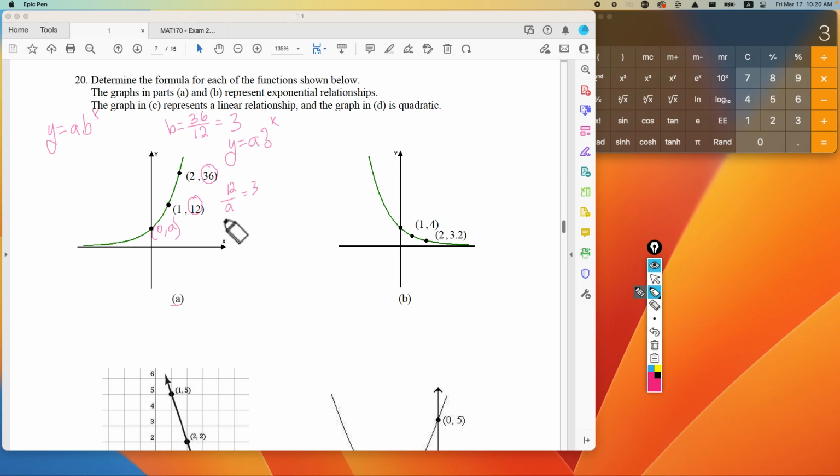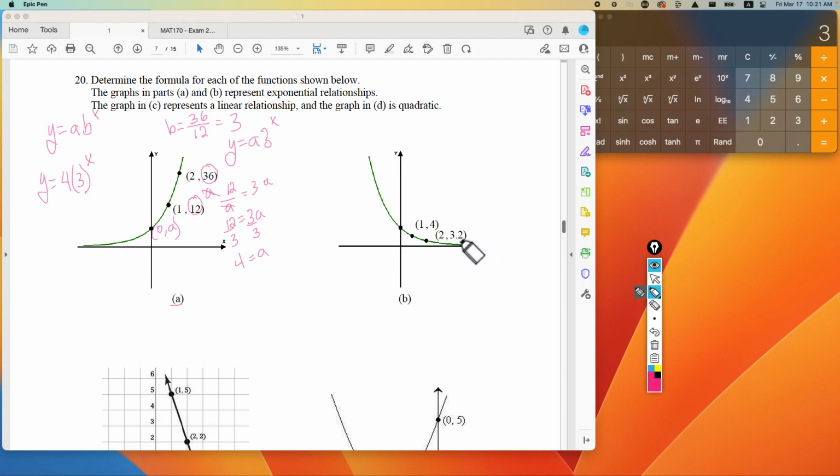Multiply both sides by a, so we get 12 equals 3a, right? a divided by a cancels out, and then divide both sides by 3. We get that a is equal to 4. So our equation is going to be y equals 4 times 3 to the x.